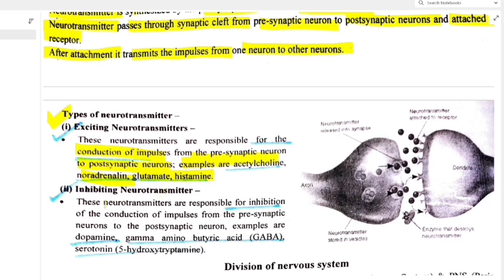Next is the inhibiting transmitter, responsible for the inhibition of conduction of impulses from presynaptic to postsynaptic neuron. Examples: dopamine, gamma aminobutyric acid, that is GABA, and serotonin, that is 5-hydroxytryptamine. So the first conducts the impulse and the next inhibits the conduction. Hope it is clear.